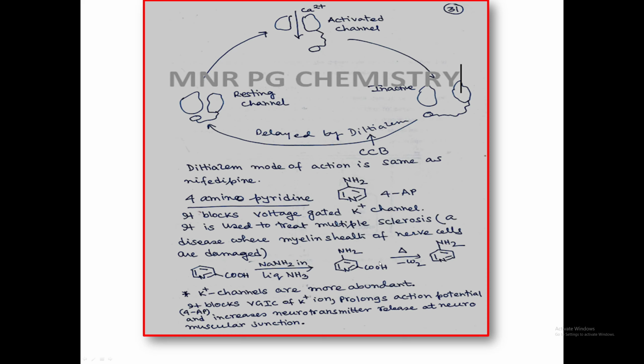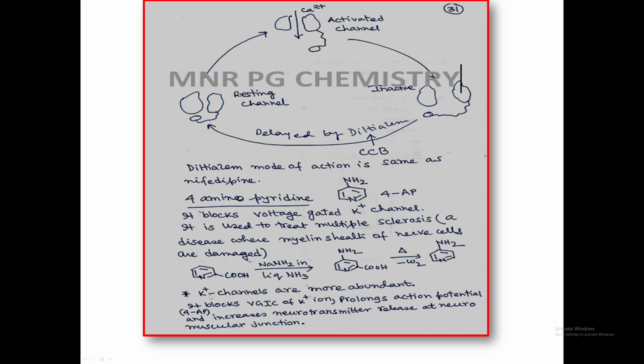The carboxylic acid is activated because of the adjacent nitrogen, so we do not need any decarboxylating agent like soda lime, a calcium hydroxide and sodium oxide mixture. It is thermal decarboxylation. By heating, the carbon dioxide will go from the second position and we will land up with 4-aminopyridine.